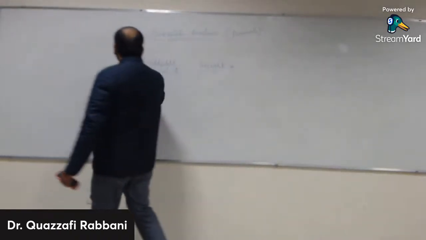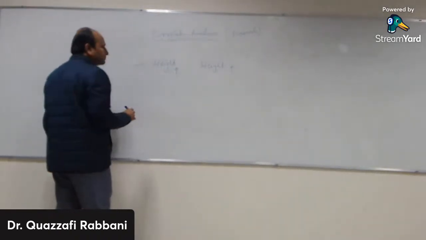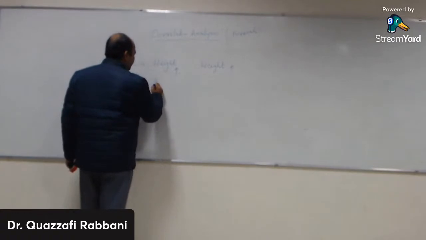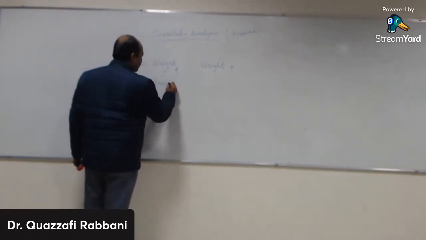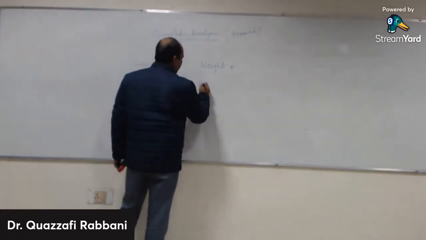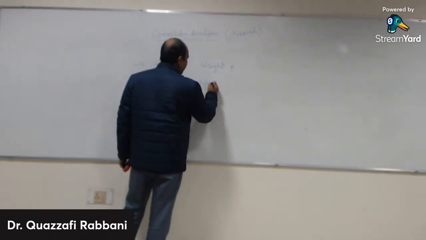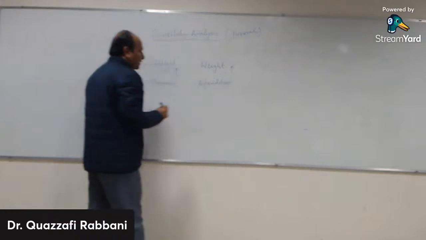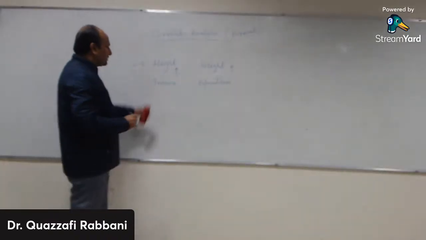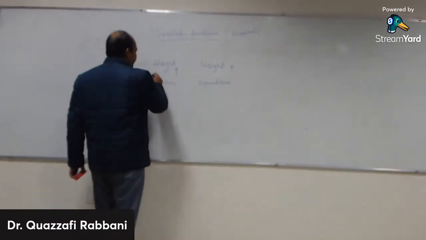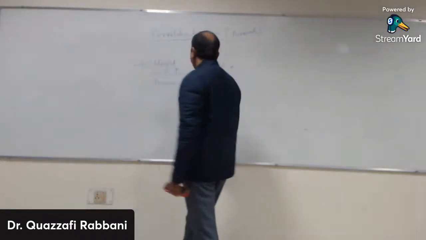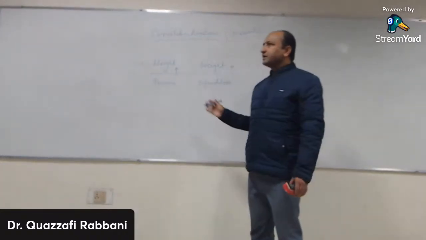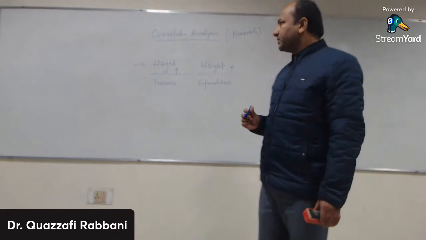Let's take another example. Suppose income and expenditure. Do these two variables have any correlation, any relationship?